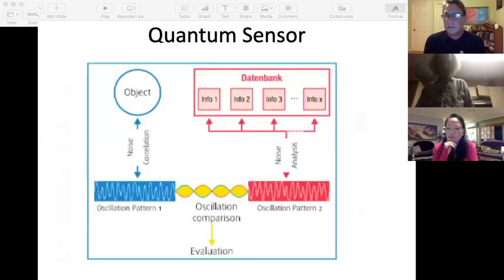Now, this is a little diagram which shows you the quantum sensor. I wish I knew how to use a pointer here, but I've got no arrow or anything here. So on the left-hand side, we have the object, which is us, and we have the Healy, which connects us to the blue wave, which is the information field.